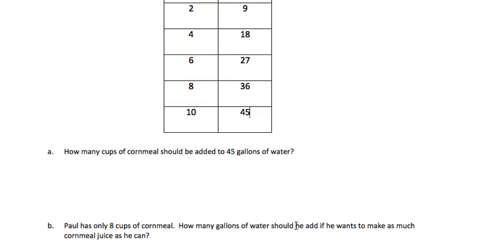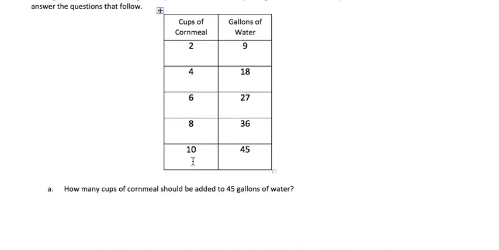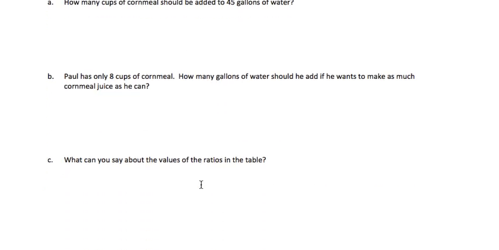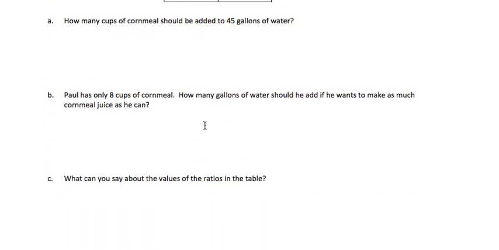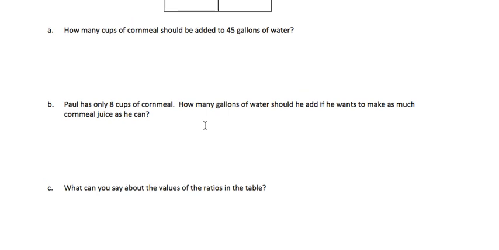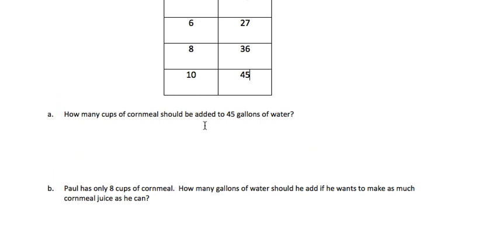How many cups of cornmeal should be added to 45 gallons of water? There it is right there in our table, 10. Paul has only 8 cups of cornmeal. How many gallons of water should he add if he wants to make as much cornmeal juice as he can? Well, if he has 8 cups of cornmeal, he needs 36 gallons of water.